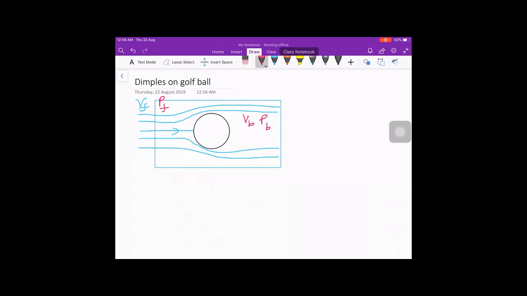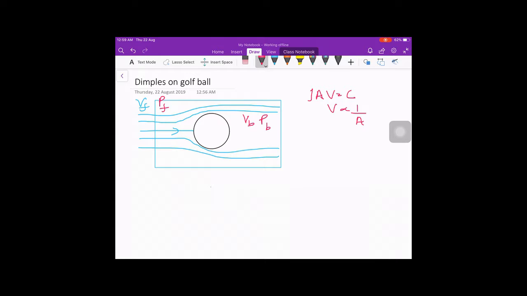This can be understood from the relation of mass conservation, which says density times area times velocity is constant. That is, velocity is inversely proportional to area. So as the area decreases, velocity increases.